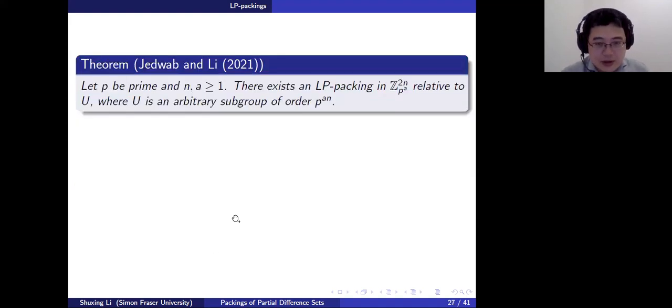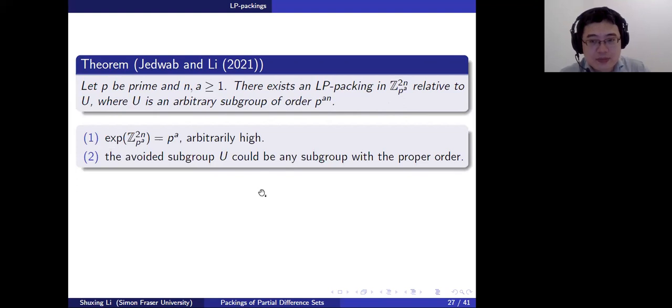And here comes our major result. We are able to construct LP packings in even copies of a cyclic group of prime power order. And the group we are relative to is U, which is an arbitrary group whose order is the square root of the ambient group. This theorem is powerful in the following sense.